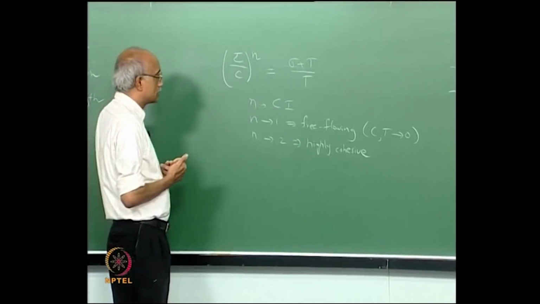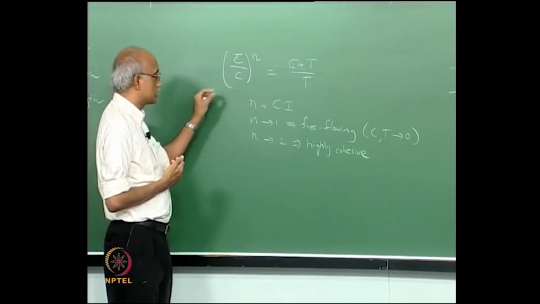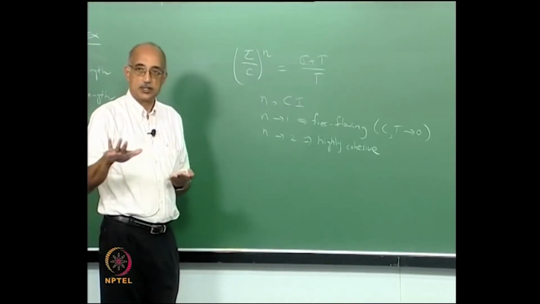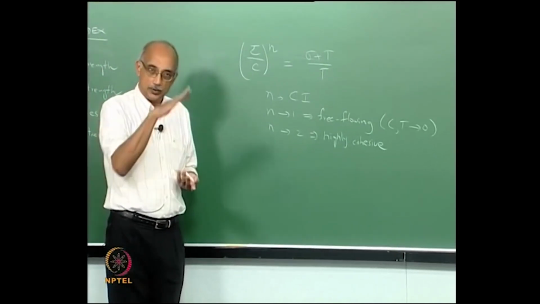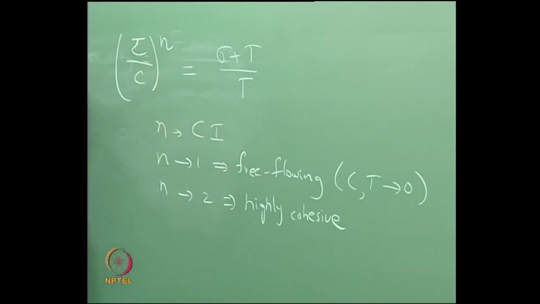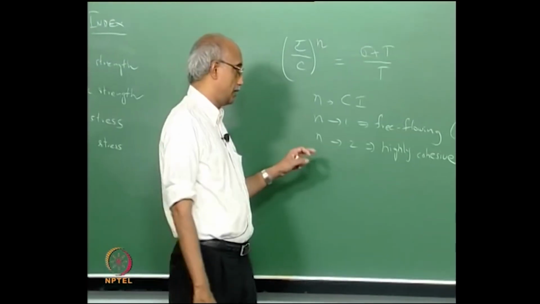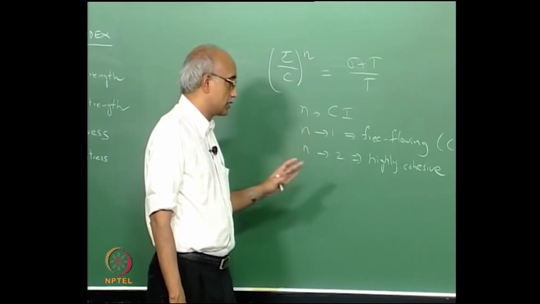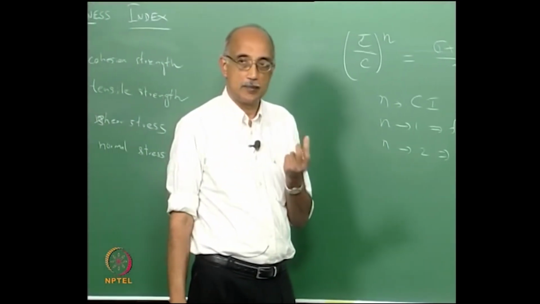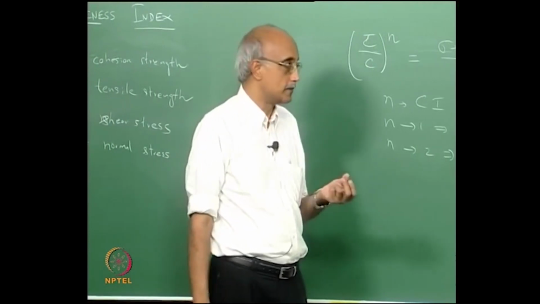So this is an interesting equation because essentially what it says is, by plotting the strength of the tablet versus the stress that you apply and looking at the slope, so you take the logarithm of this and plot it against the logarithm of this, the slope of the curve will yield the cohesiveness index for the tablet, and you can decide whether it's a cohesive or a non-cohesive mixture by looking at the magnitude of this index n.